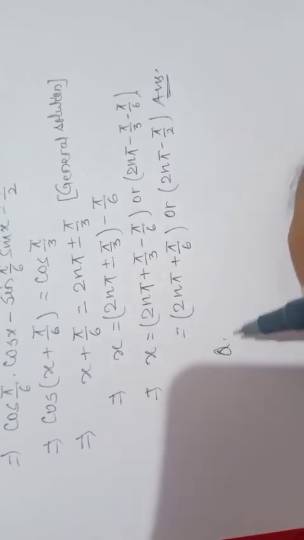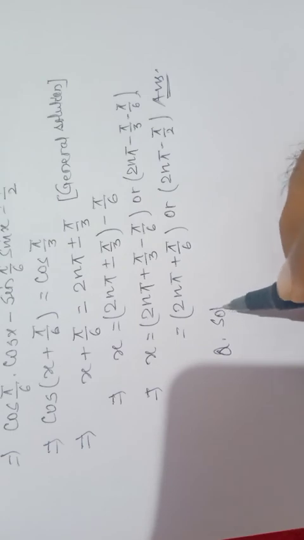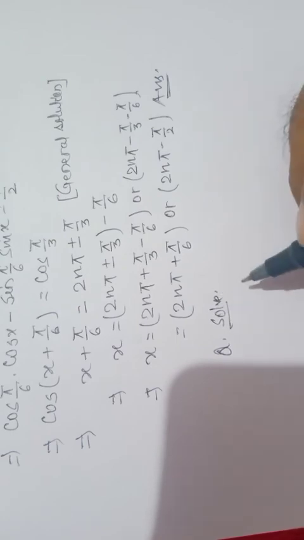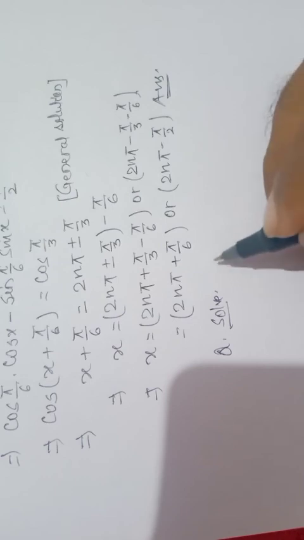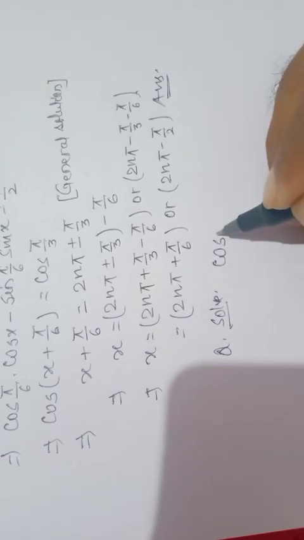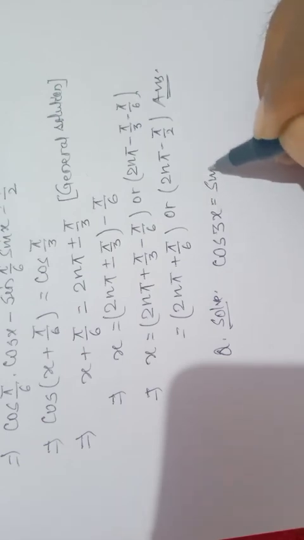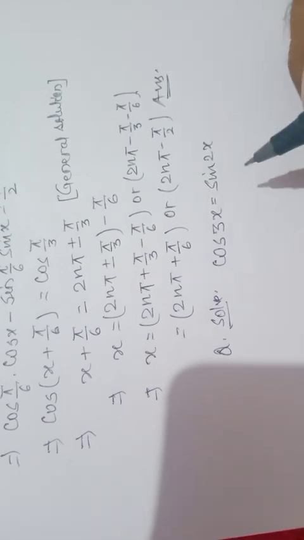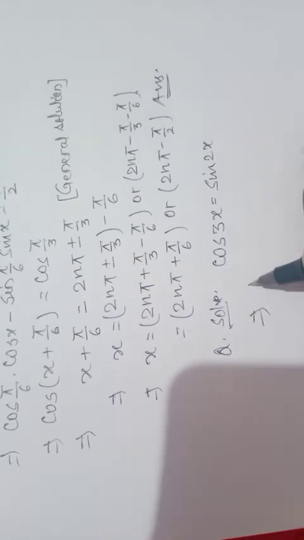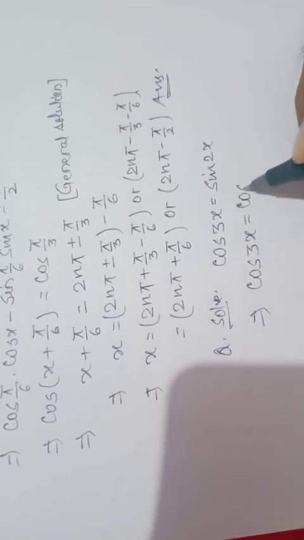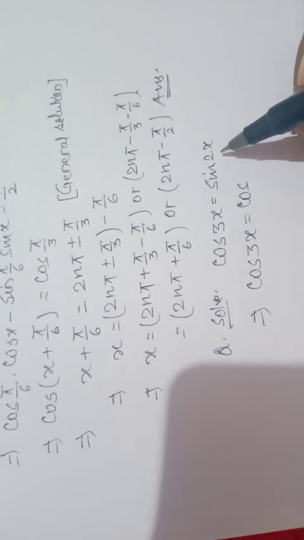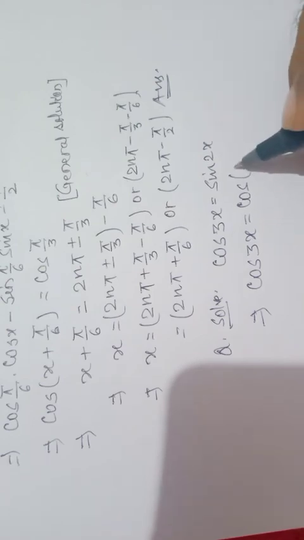Now write down the next question. Solve cos 3x is equal to sin 2x. This is not a very difficult problem. You may write here cos 3x is equal to cos of pi by 2 minus 2x, as you already know.